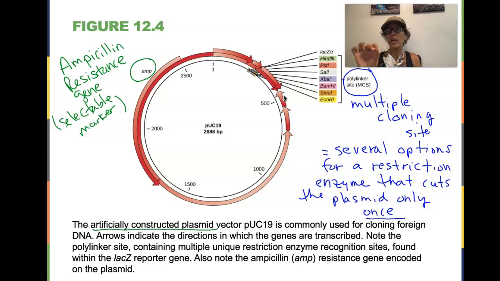So we can use the color of the bacterial colonies on agar to determine were we successful in getting the plasmid into the bacteria, and did that plasmid contain our piece of DNA disrupting the LAC-Z gene.